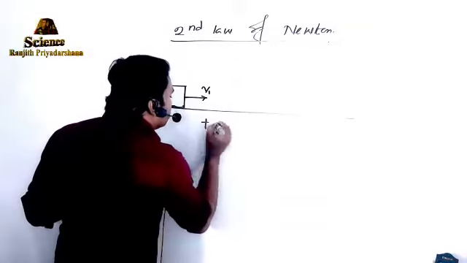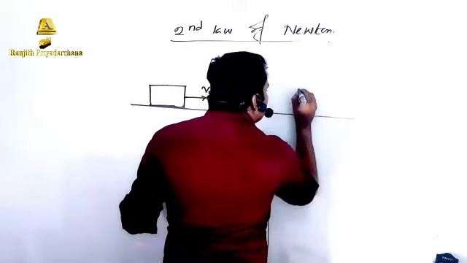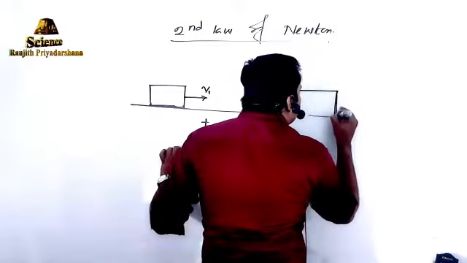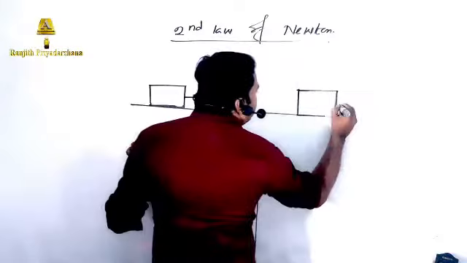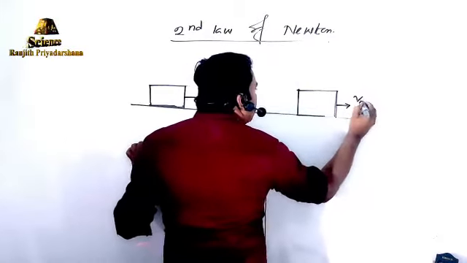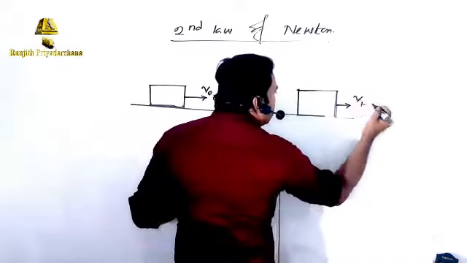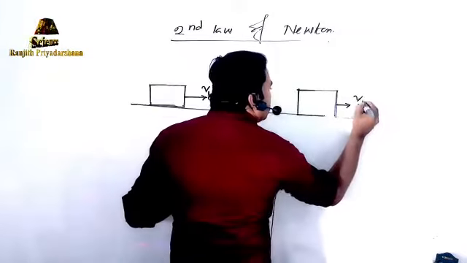After t seconds of duration, the velocity of this object has increased up to v2. Therefore, I'm using v1 as the initial velocity and v2 as the final velocity.